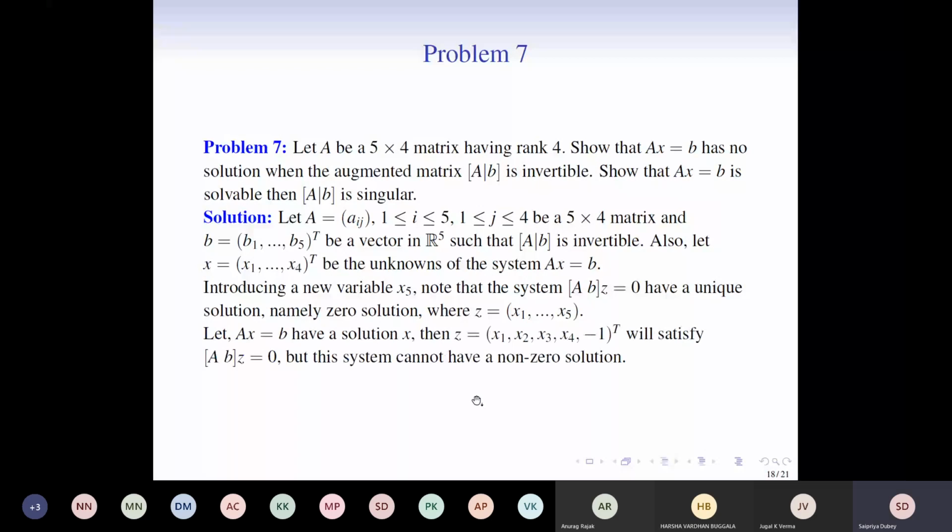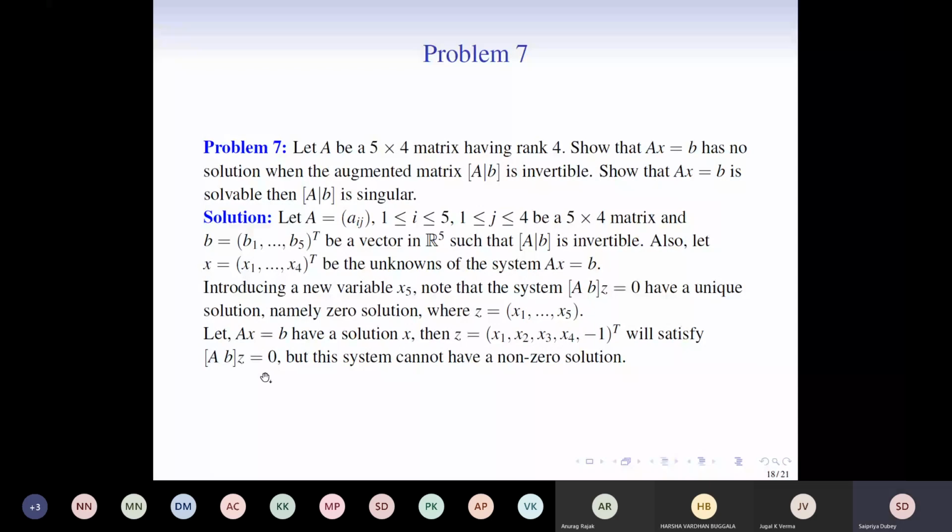Now, let us assume that Ax equal to B has a solution, let's say X. Then what will happen if this solution exists, that is if x1, x2, x3, x4 exist so that they satisfy this equation? Then corresponding to this new system, we have x1, x2, x3, x4 and minus 1 transpose, and this will satisfy this equation.